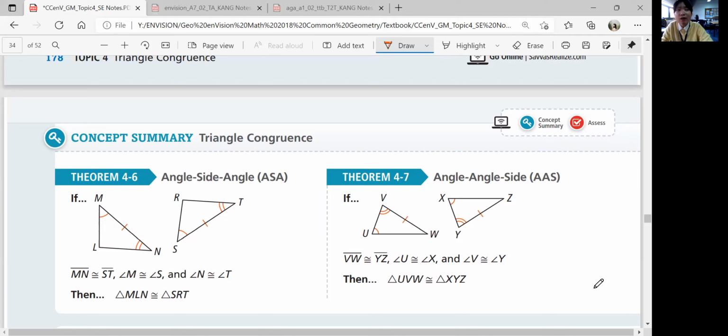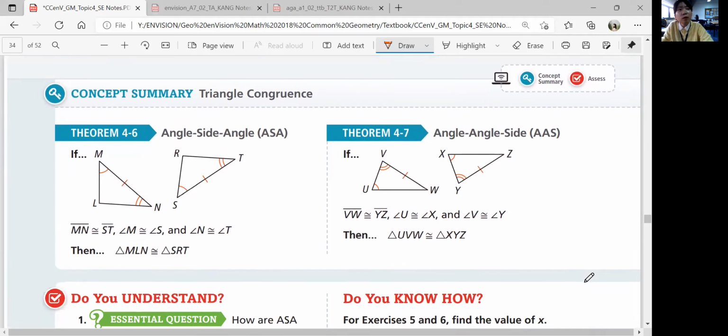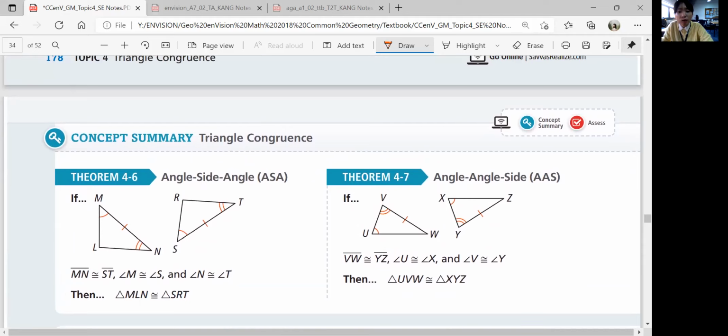Theorem 4-7 was about angle-angle-side, where we are given 2 angles that are congruent and 1 non-included side that are congruent. Okay. So that was lesson 4-4, proving and applying the ASA and AAS congruence criterion theorems.